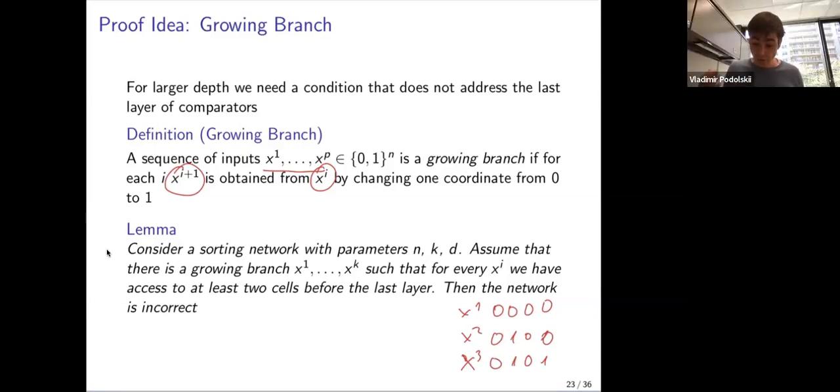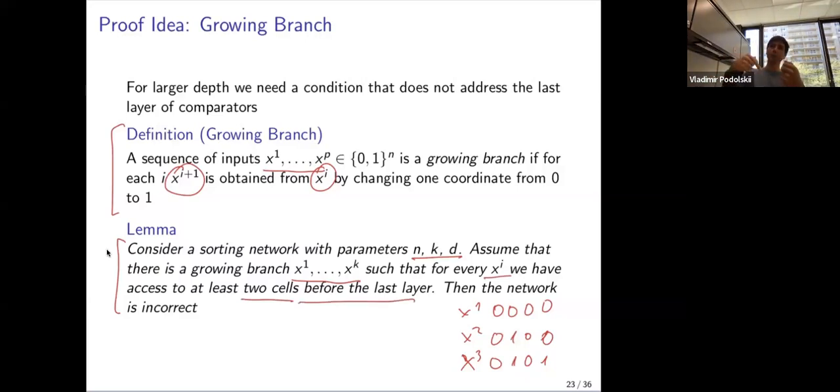Okay. So using this notion, we can prove the following lemma that we will unfortunately have to read. If you consider a certain network with n, k, and d, and we assume that there is a growing branch, x1 and so on, xk, so the length of the branch is k, the same as the size of the comparator, such that for each xi we have access to at least 2 cells before the last layer.